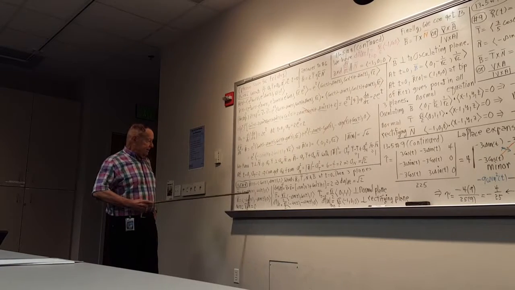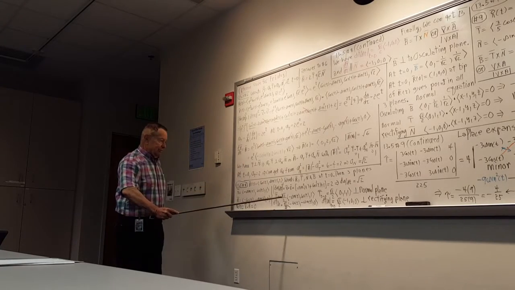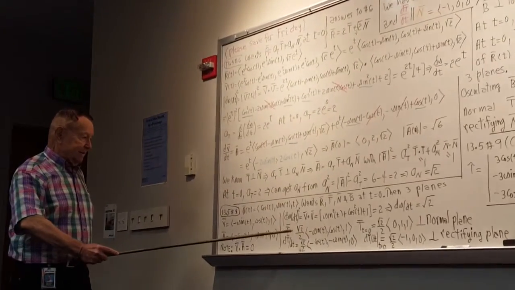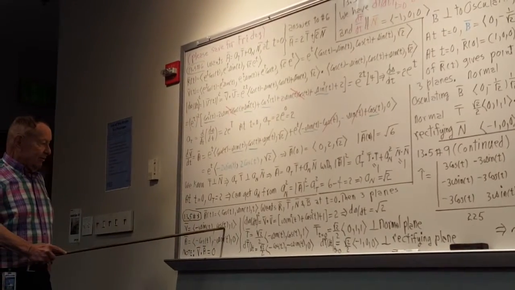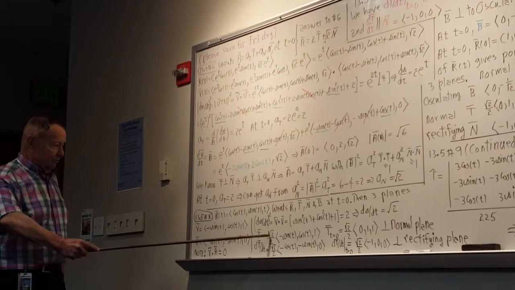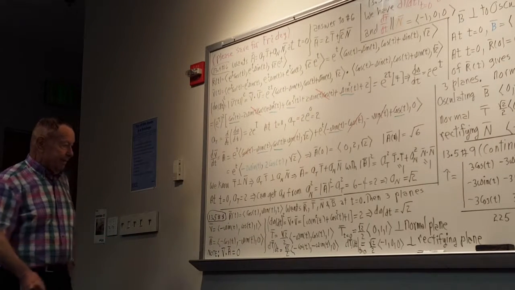Having the vector velocity, you can see that its magnitude is root 2, so then your tangent vector would be this over the magnitude, so it's 1 over root 2 times it, which you can write this way.